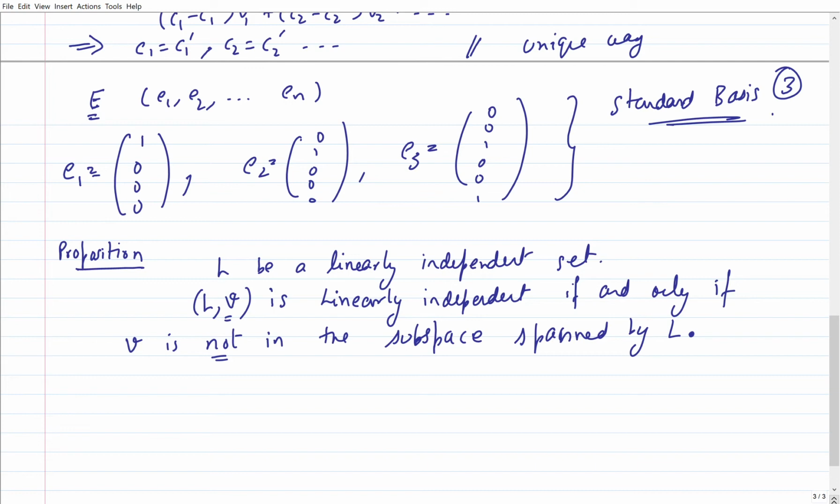V should not be in the subspace spanned by L, and then LV is a linearly independent set. So how do we go about showing this?